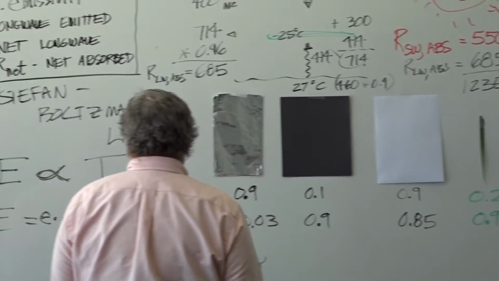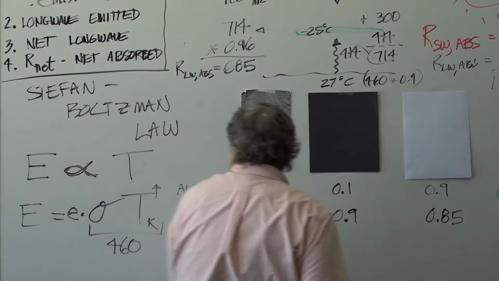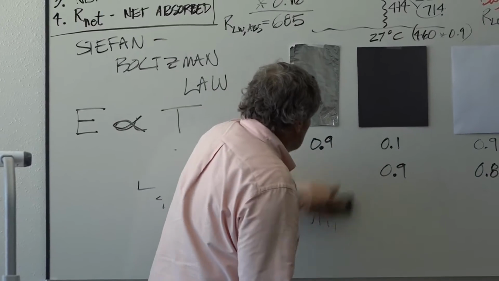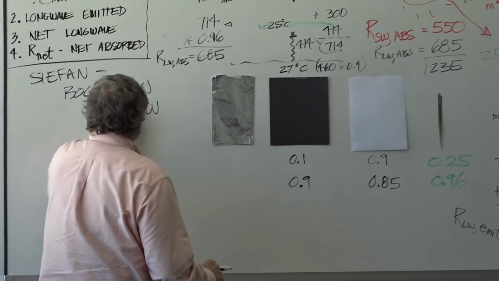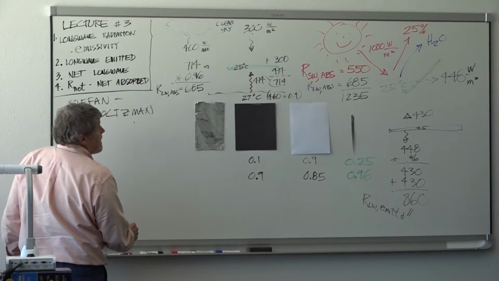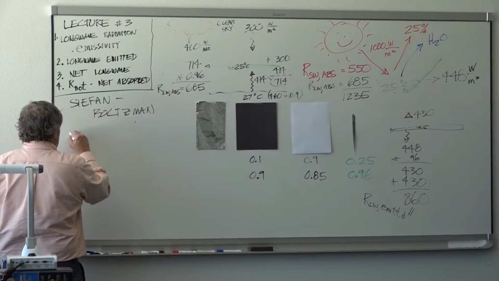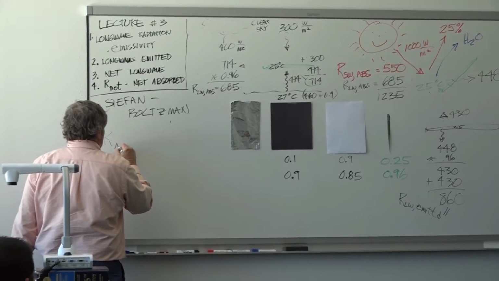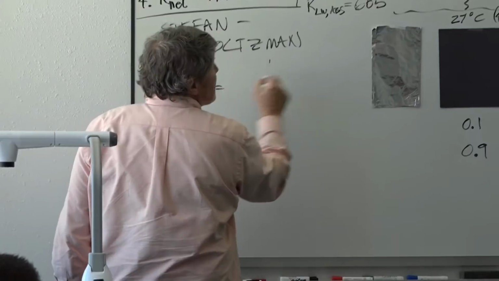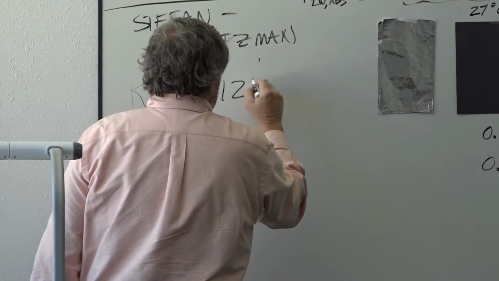So, let me erase some older stuff here. So we start to do a sum of this, and we have radiation absorbed, total radiation absorbed, 1235.